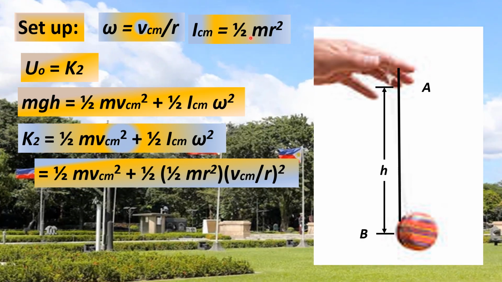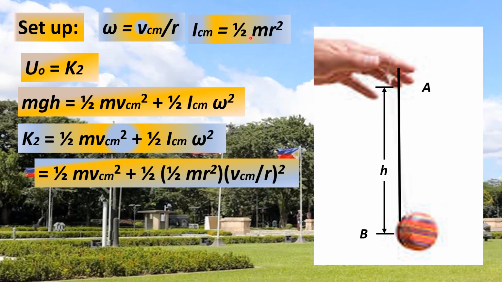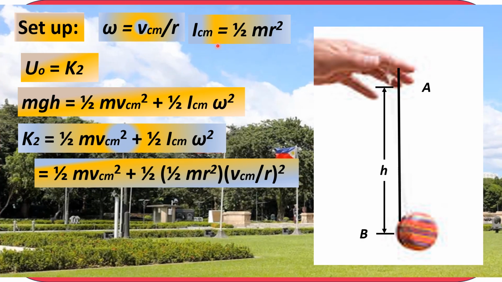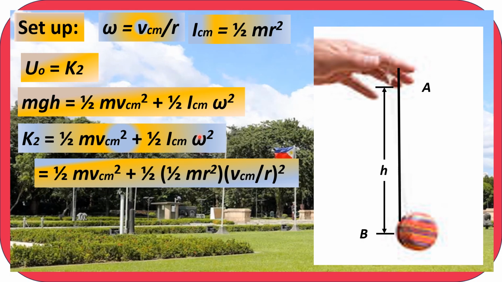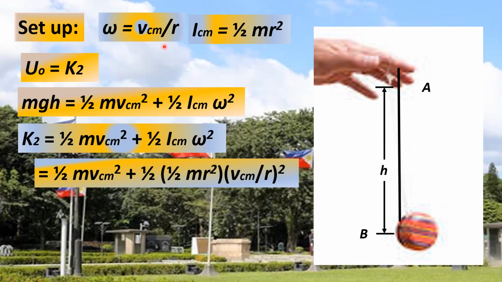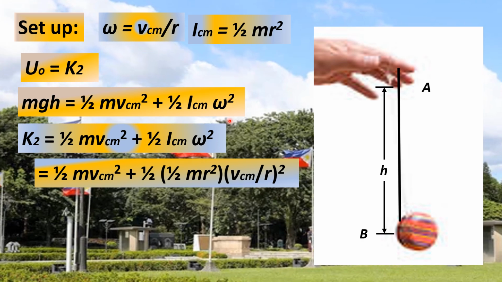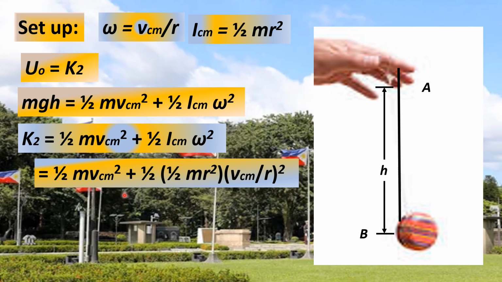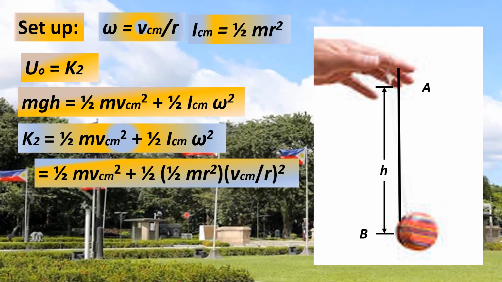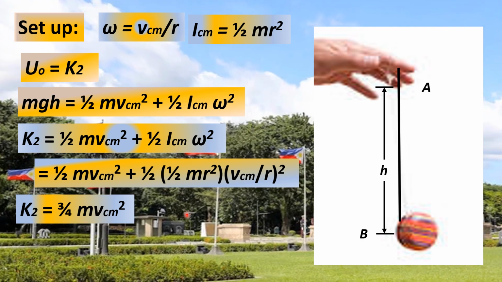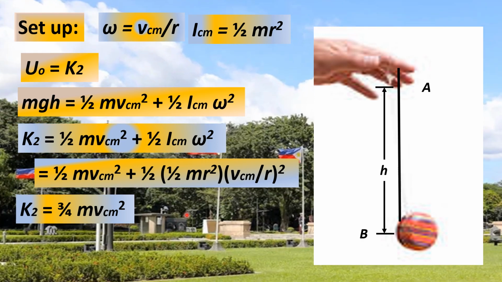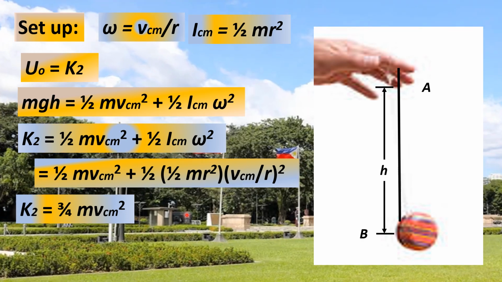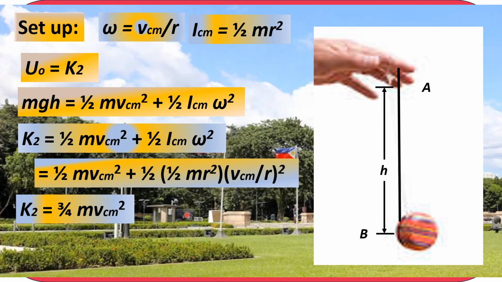That is the moment of inertia of the yo-yo as a solid cylinder, while omega has been replaced by v sub cm over r, but still has to be squared. So we can further simplify this into K2 is just equal to 3/4 of the product of the mass and the square of the speed of the center of mass of the yo-yo.